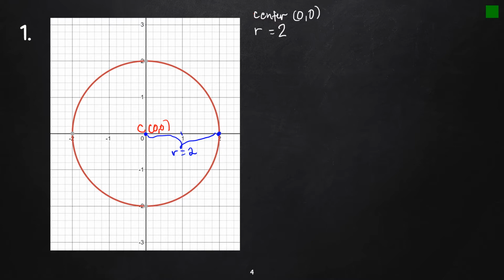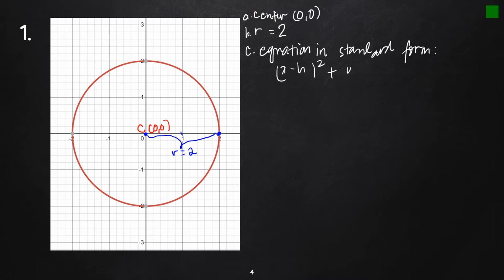Now remember, we are asked to find the center, the radius, and also the equation of the circle in standard form. And we know that the equation in standard form is x minus h quantity squared plus y minus k quantity squared equal to r squared.